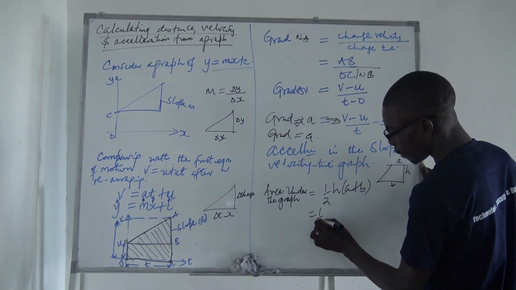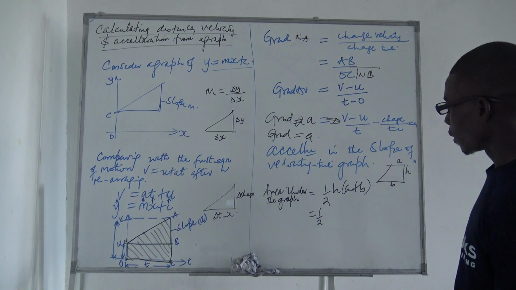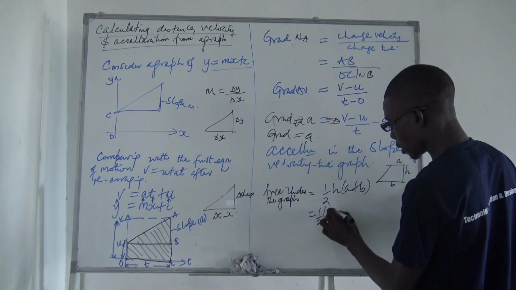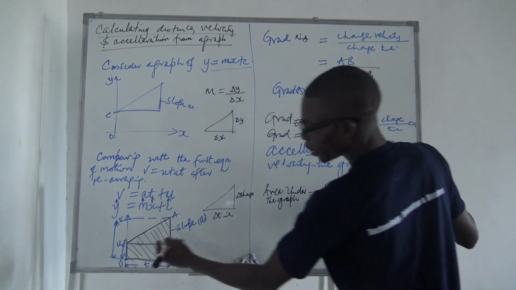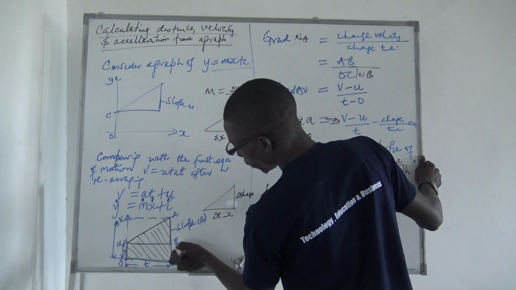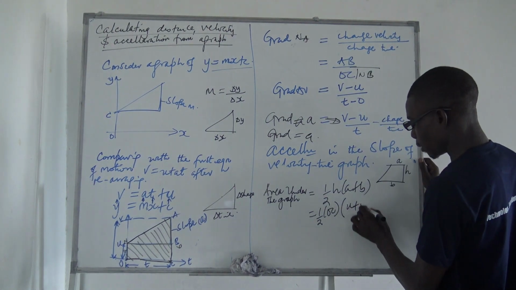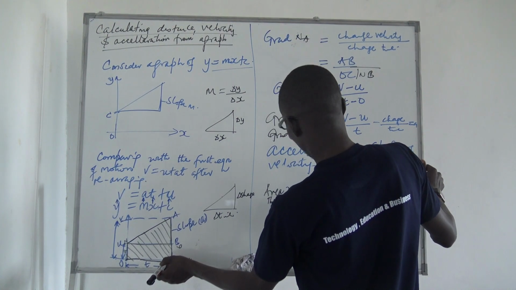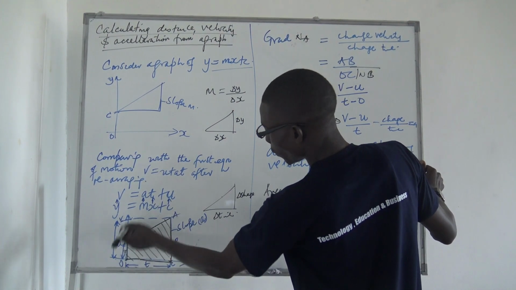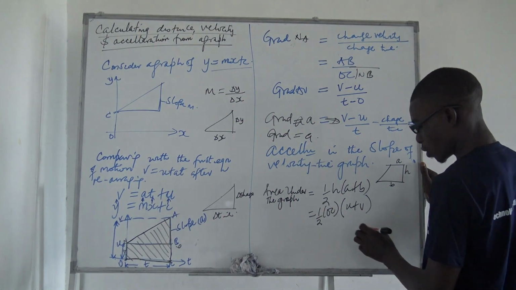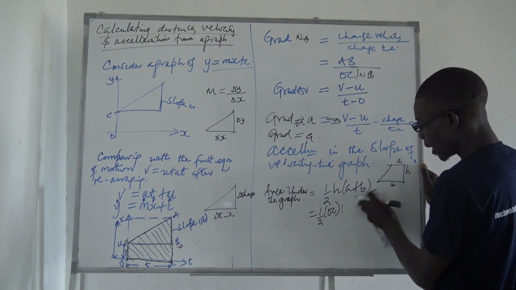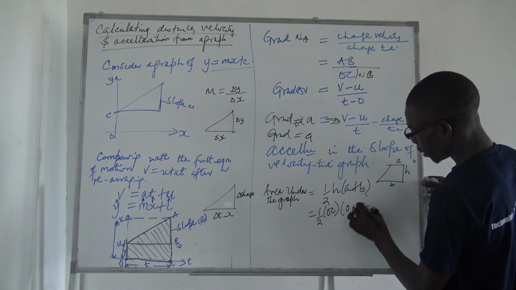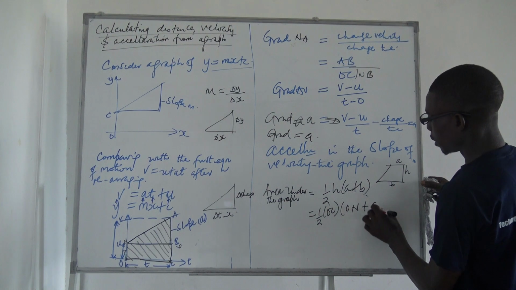So that is a half h. H is OC. What is AB? A will be here, B will be here. A is U, and this one here will be V. Actually, let me first say the area will equal a half h times a plus b.